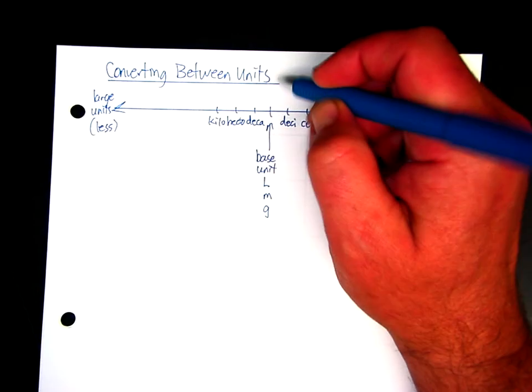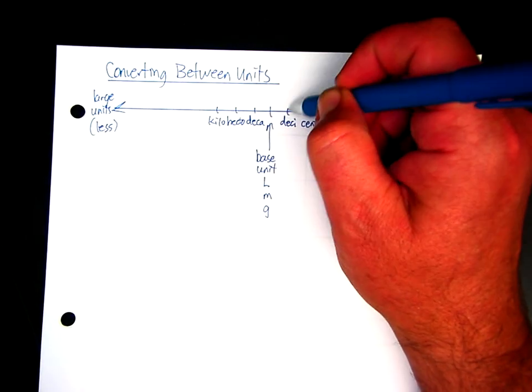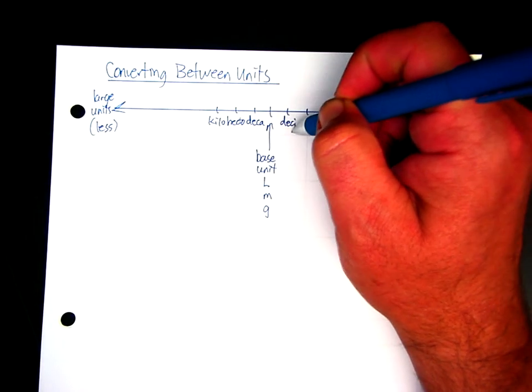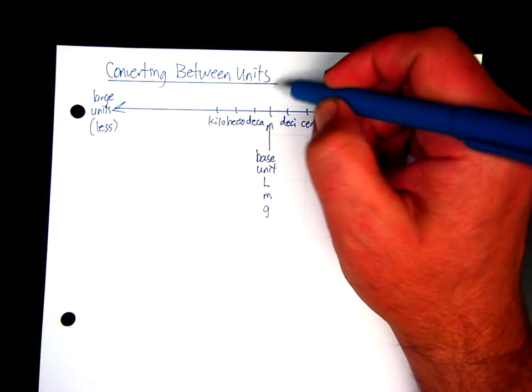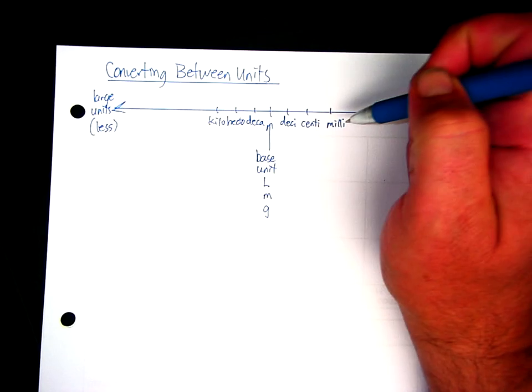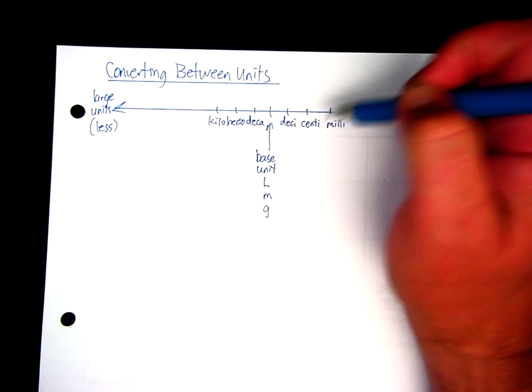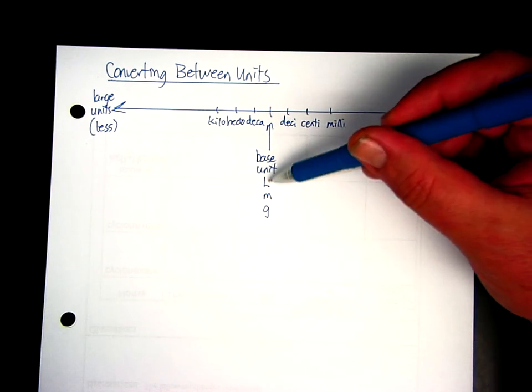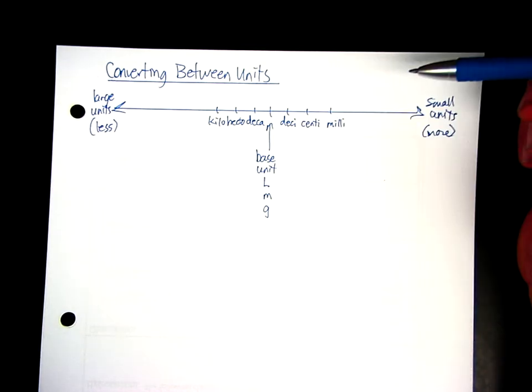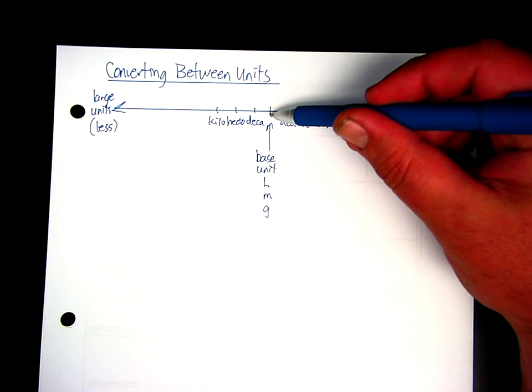So deci is a smaller unit by 10. So each time we go here, we're going to multiply by 10 because we need more of the deciliters or decimeters or decigrams than there were grams.